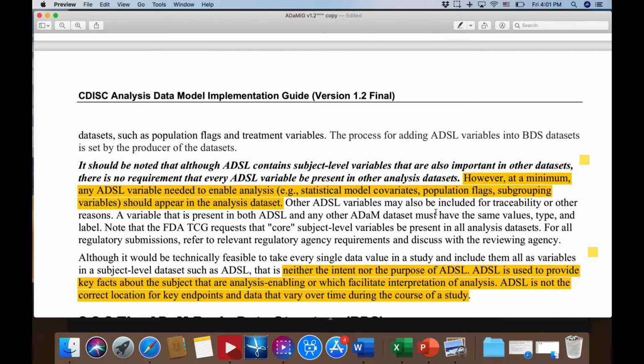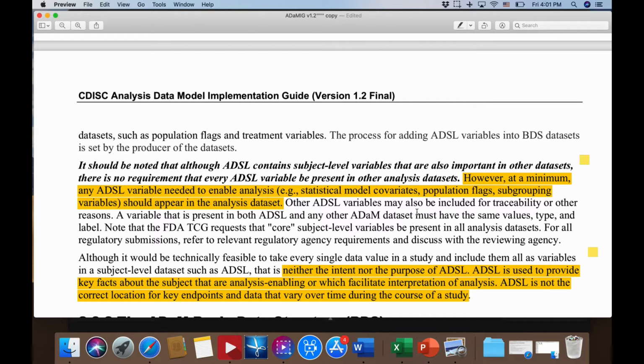For the common variables, you may know that ADSL usually has some common variables that will be copied directly over to any other ADaM datasets.